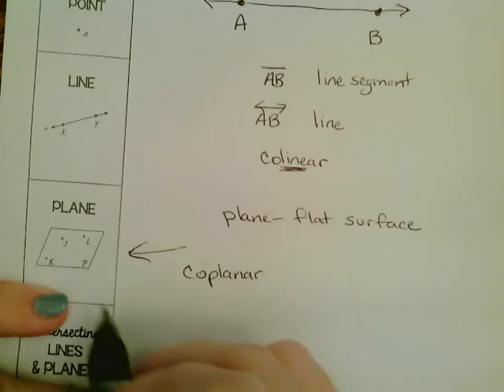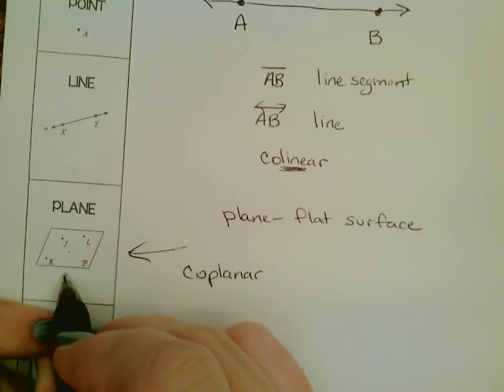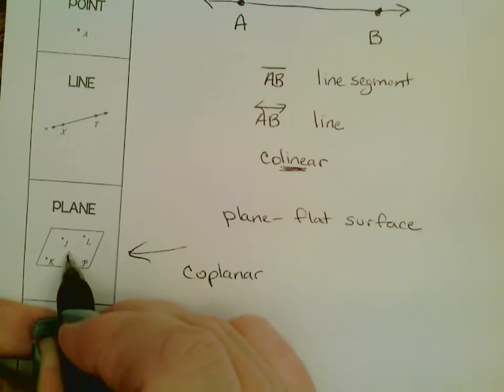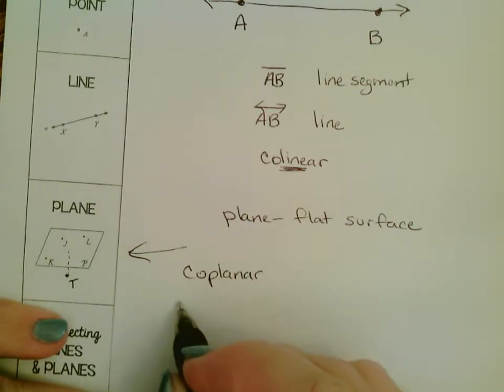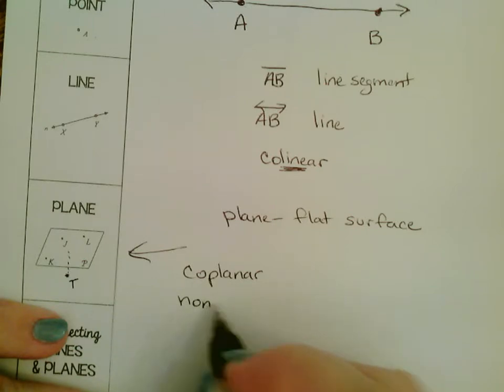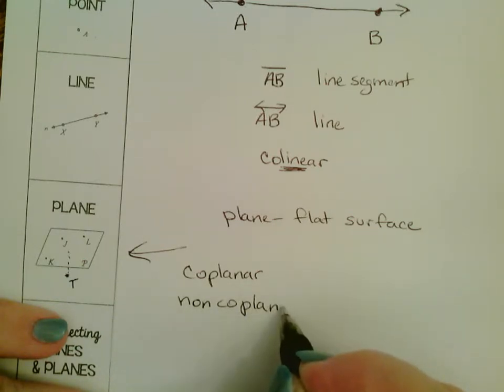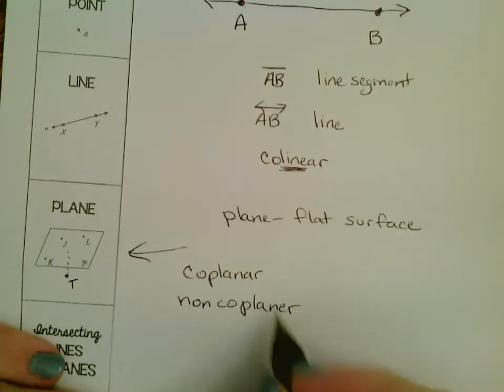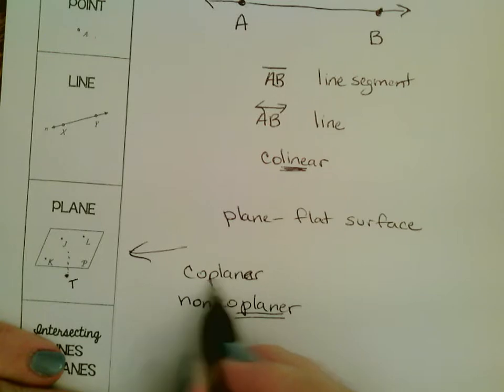But if we had a point that was, say, underneath the plane, say I had a point T, it would be non-coplanar. Okay? And you see plane in the word right here.